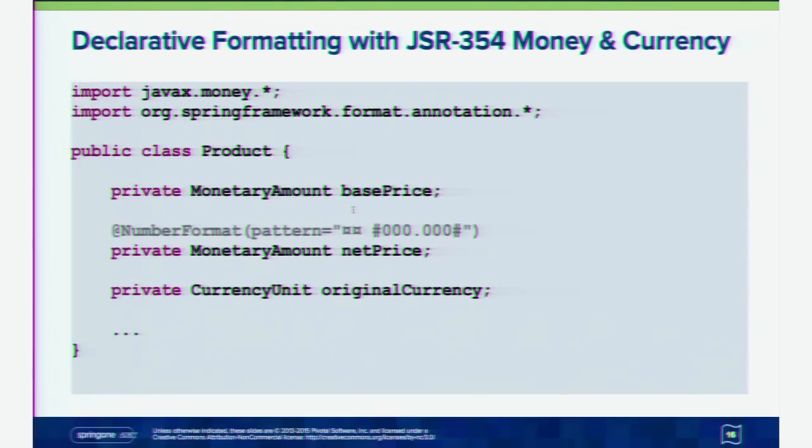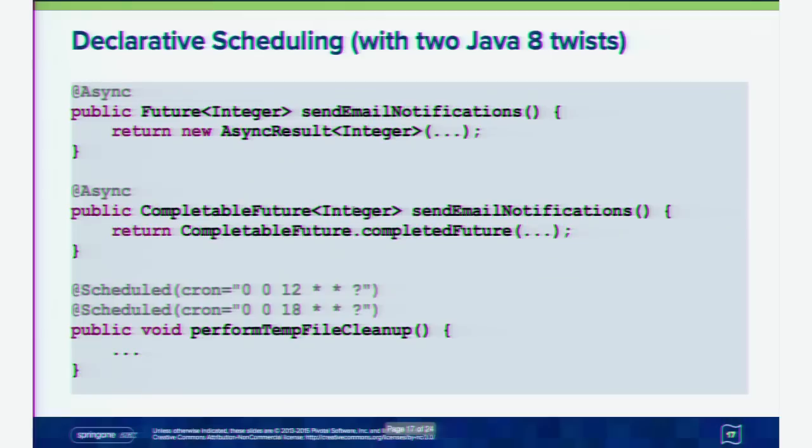But if you are actually declaring a specific format to use for parsing and rendering, we are of course going to take that into account. So if there's an @NumberFormat annotation with a pattern, that's how we're going to parse this particular field for you, and produce a javax.money.MonetaryAmount for you. So we apply the same idea not only to datetime types, but for example also to the new MonetaryAmount type in JSR-354.